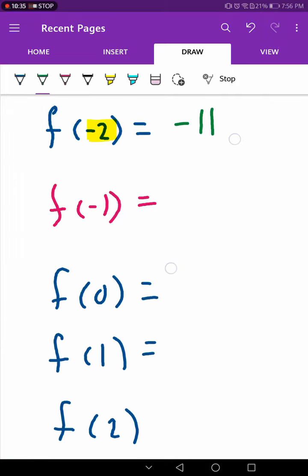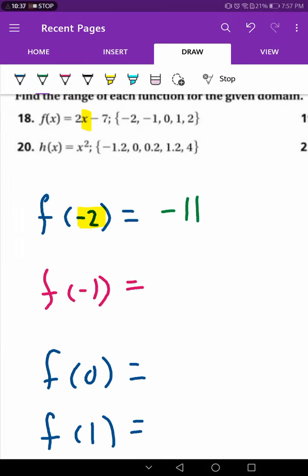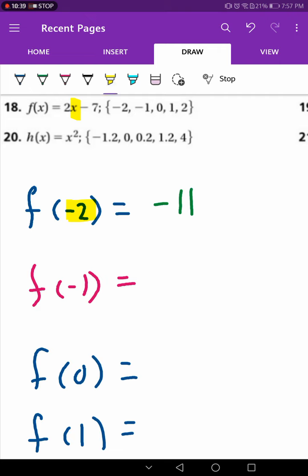I do the same here, but remember that the function is here, my dear student. So I replace the negative 1 again here by the x here. So it will be 2 multiply negative 1, negative 7.